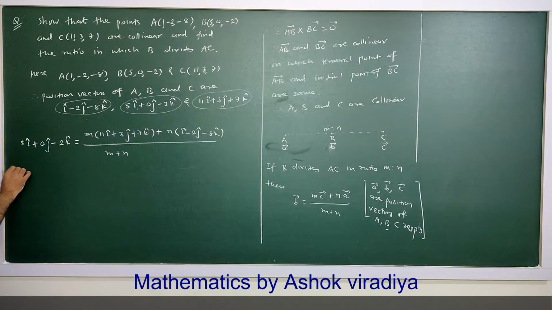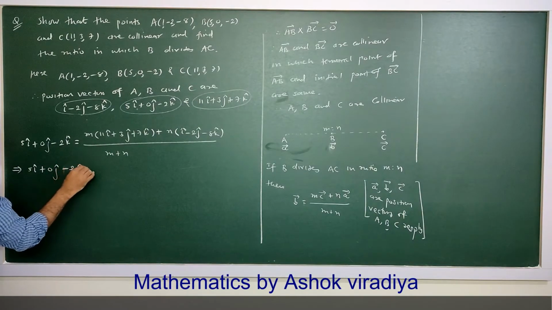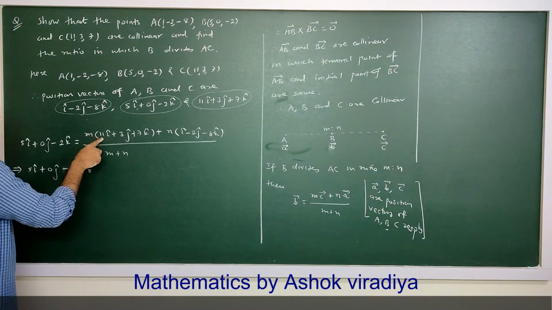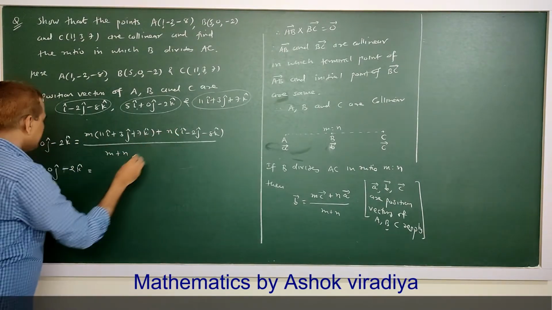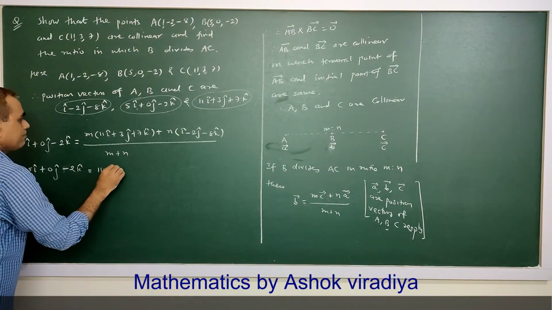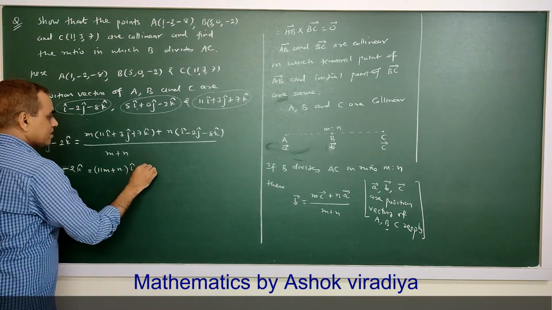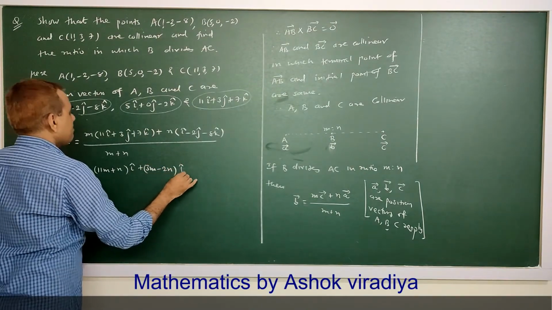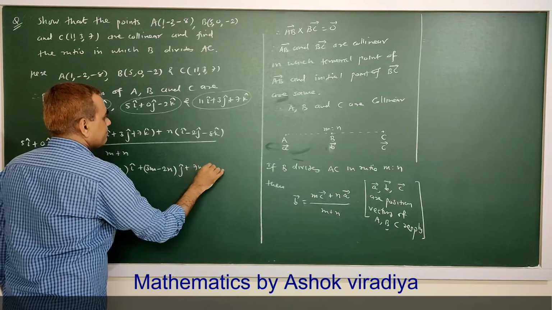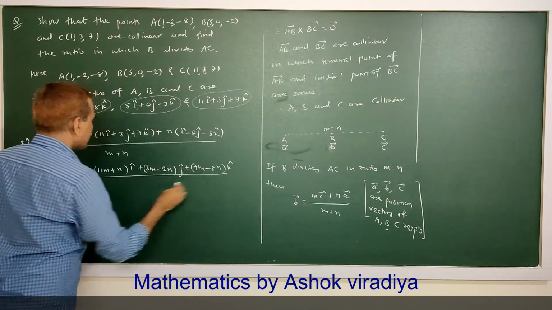Therefore 5i plus 0j minus 2k is equal to (11m plus n) i cap plus (3m minus 2n) j cap plus (7m minus 8n) k cap upon m plus n.